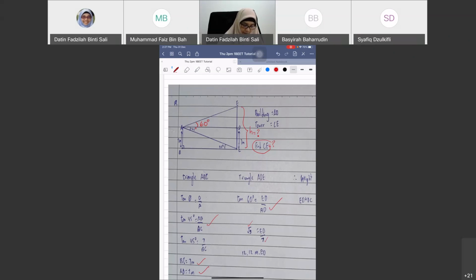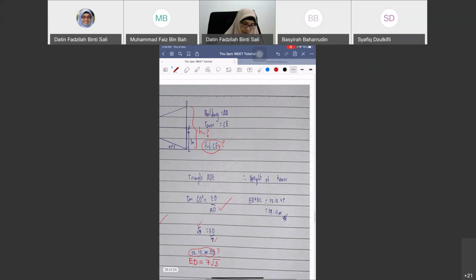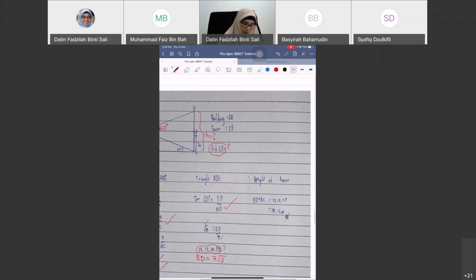So basically ED equals 7 times √3. You can just leave it as it is, as an exact value. No need to compute into decimal. Then the height of the tower, in this case, is ED plus DC.